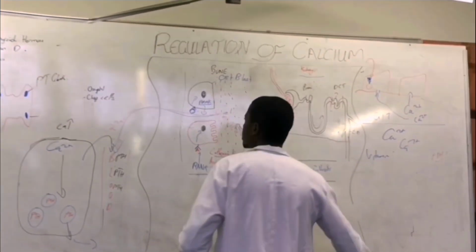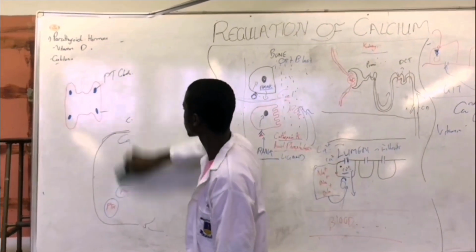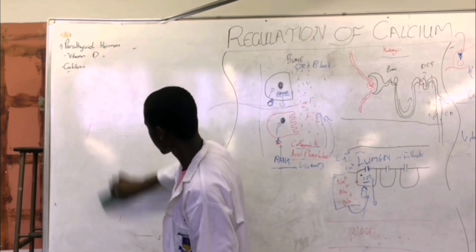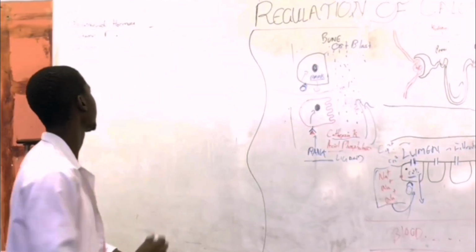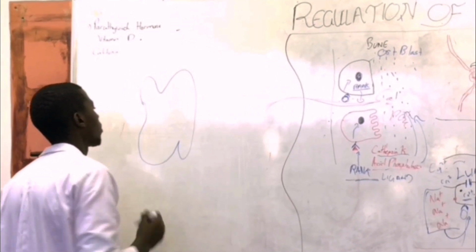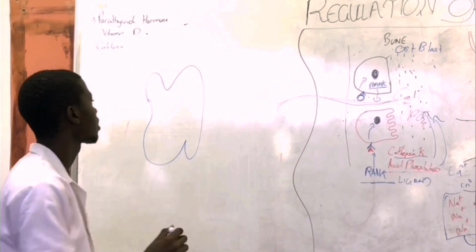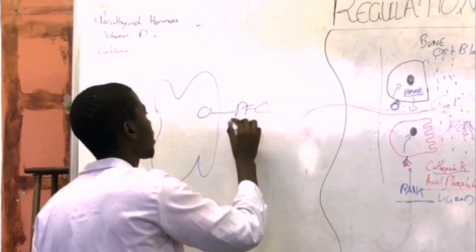But how do we decrease calcium? How do we lower the blood calcium levels? So in your thyroid gland, remember, over here we have certain cells known as parafollicular cells, remember, parafollicular cells.